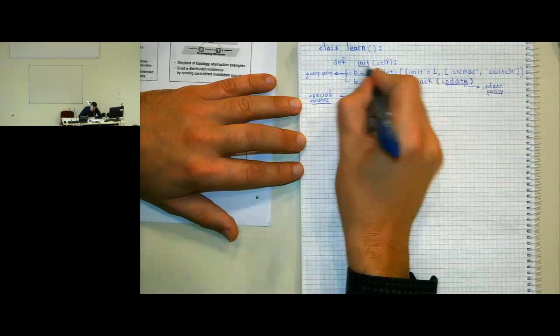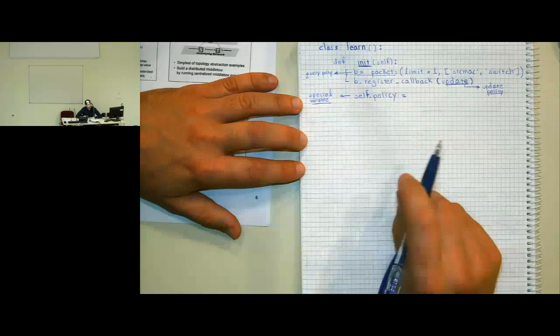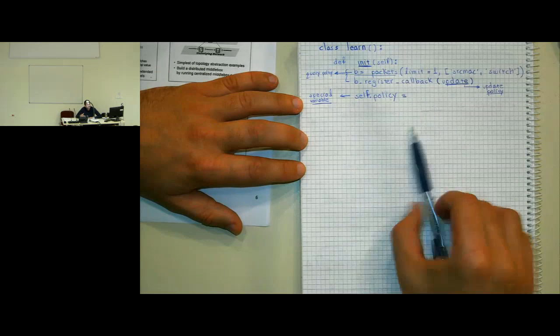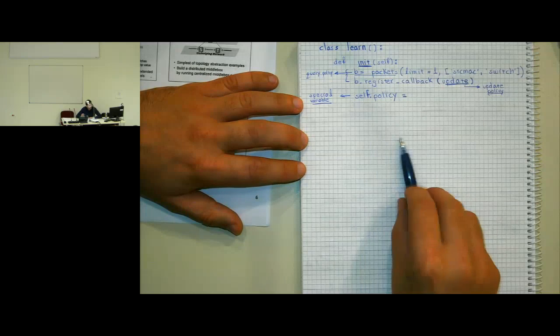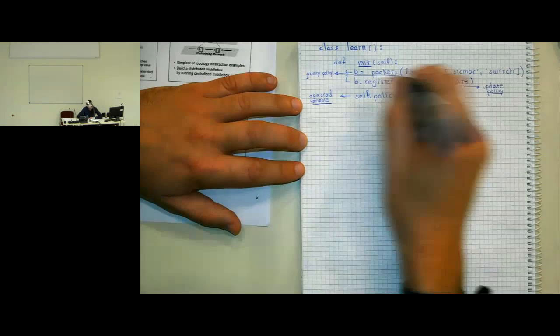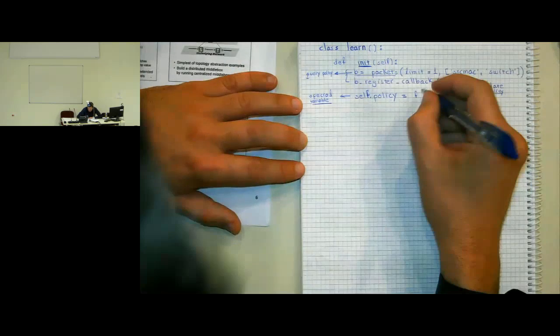So remember, now we are in the init procedure, and here we will define the initial behavior. So the initial behavior of the MAC learner will be to flood.